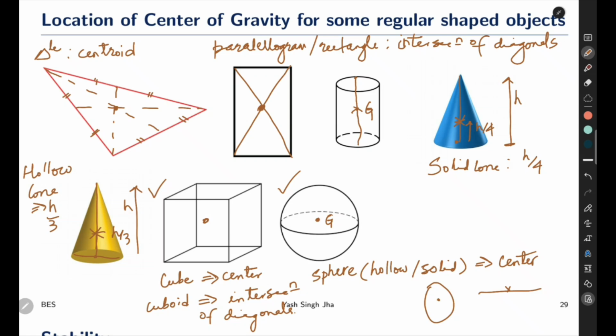It's very commonsensical. Suppose this is a pencil. Where would you keep your finger to balance it? By placing it approximately in the center, right? That point is called the center of gravity. Okay, moving on.